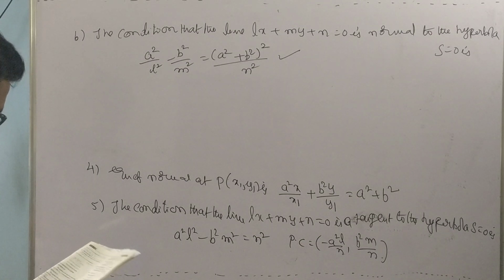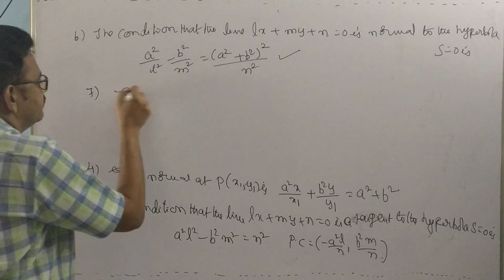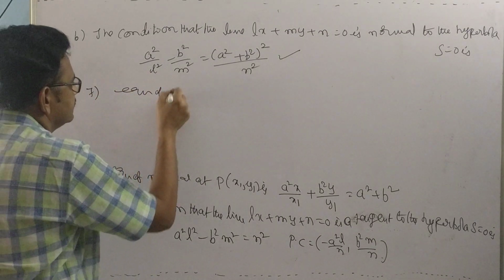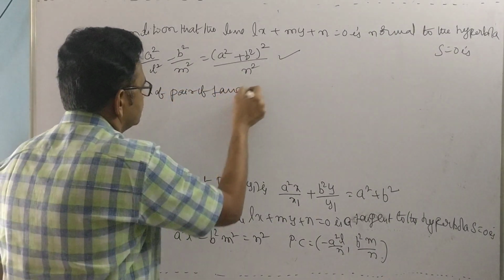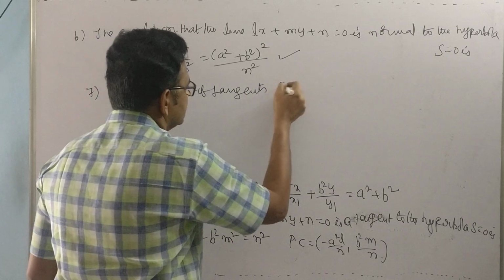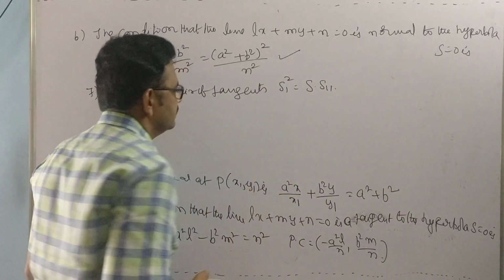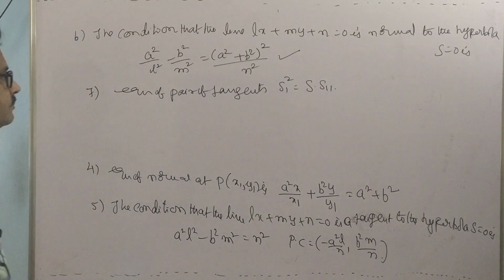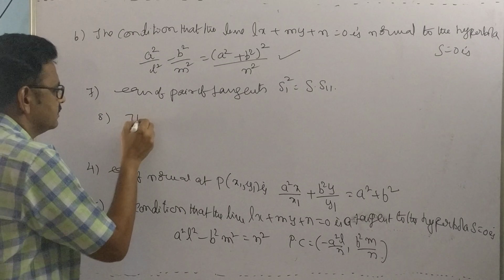Next, equation of pair of tangents. Pair of tangents S1 square is equal to S into S11. Next one, the equation of chord.